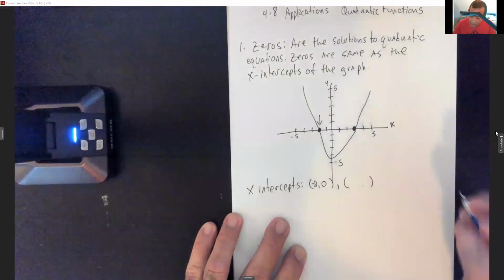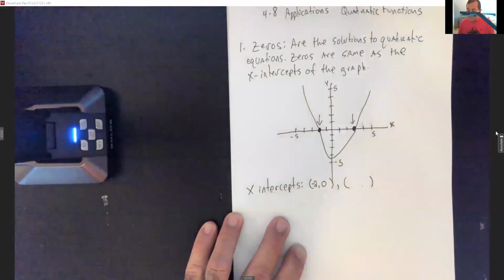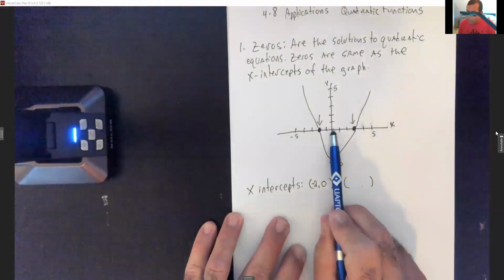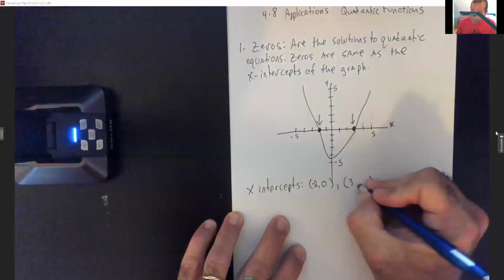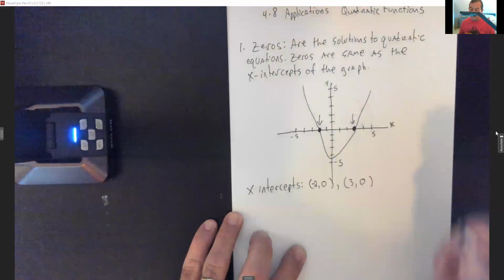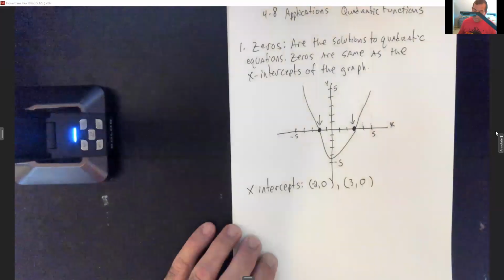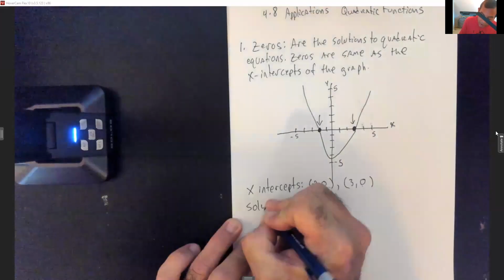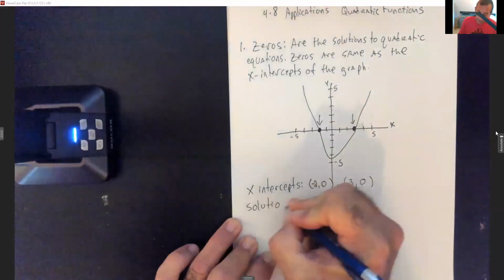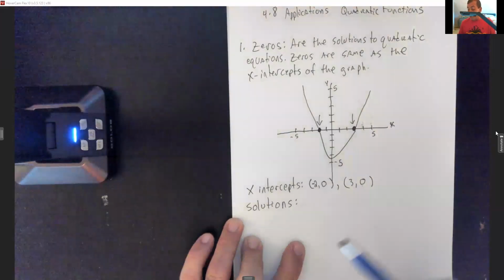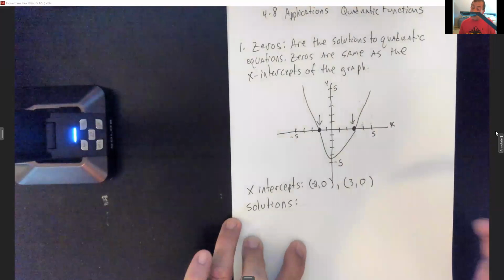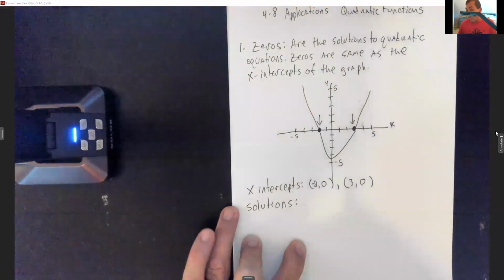All right, then I'm going to come to this one. And that's sitting at 1, 2, +3. So that'll be a +3, 0. Now, they're going to want us to do the solutions. Remember, we said in definition that the solutions or zeros are the same as the x-intercepts, but we don't write them as x-intercept points.